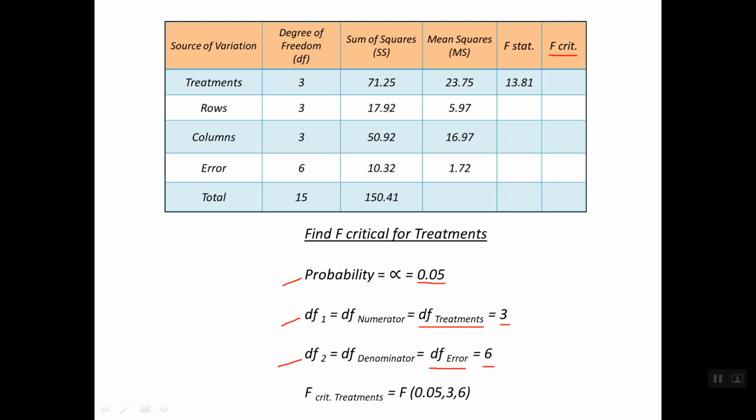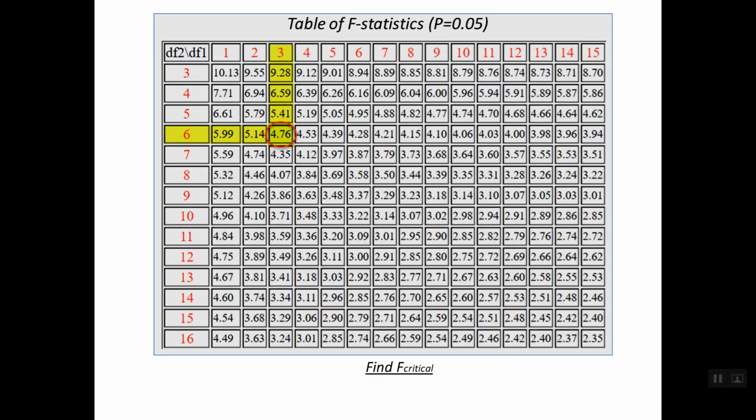So we need to get the F critical for the treatments for a probability of 0.05 and degrees of freedom 3 and 6. We can simply return to the F distribution table for a probability of 0.05, same as what we have here. This is the table of the F statistic for a probability of 0.05. In this row, we should have the degree of freedom for the treatments, which is 3.